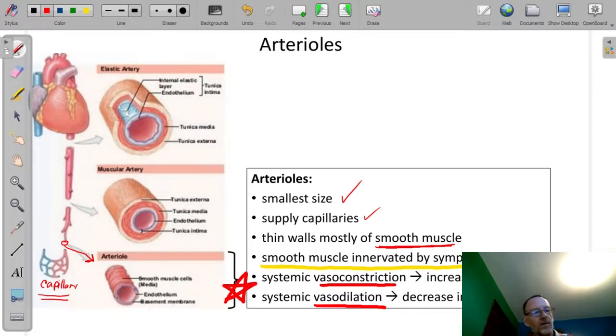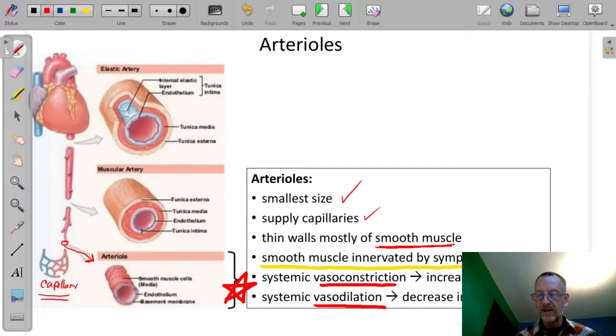So when blood pressure needs to increase, it's primarily the arterioles that are involved. They vasoconstrict. It's not the large muscular arteries that raise the blood pressure during vasoconstriction. It's mainly the small arterioles leading into capillaries. And we will spend some time with that, but that's an important relationship to keep in mind.